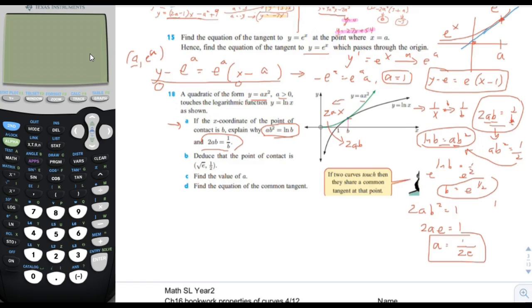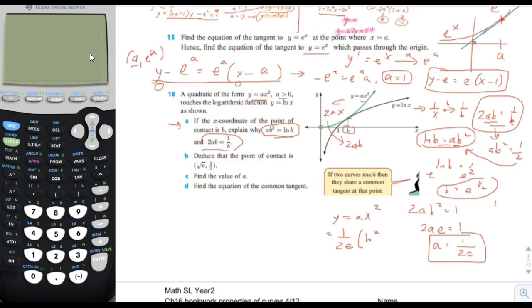Now let's try to figure out what the y coordinate is for the b here. To do that, we just put in b. We put b into either equation, either y equals ax squared or y equals log x. So let's try y equals ax squared. I'm sure you guys prefer squared to log. We know that a is 1 over 2e, and we know that x squared would be b squared.